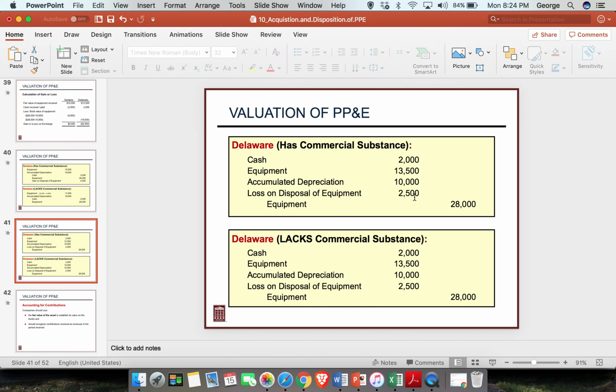So in this case, the loss of 2,500 would be debited, to be a plug, and then the 28,000 could have been credited. All right, and then down here, lacks commercial substance as well. It lacks commercial substance, but it's going to be the same entry as above because we received cash. So if we receive cash, you can show partial or full gain or loss on disposal of the equipment.